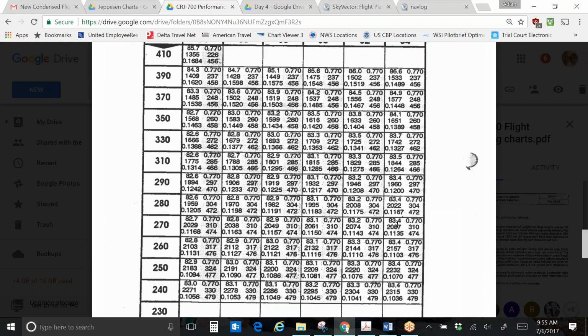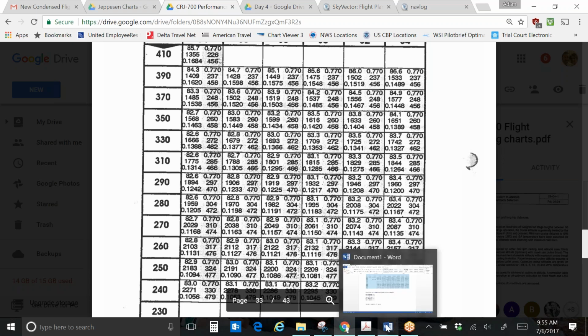Okay, so at 270 on this far right column, we are burning 2,087 pounds per hour, and our true airspeed is 474.